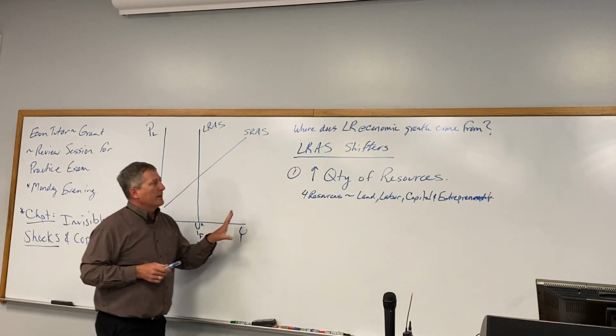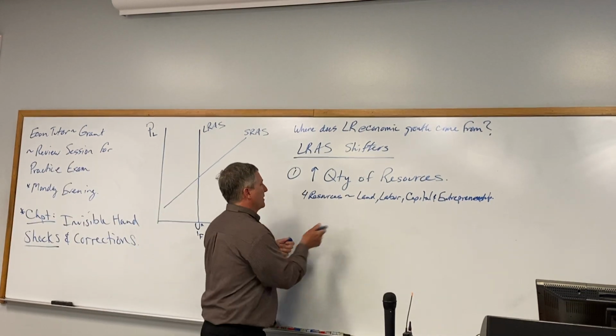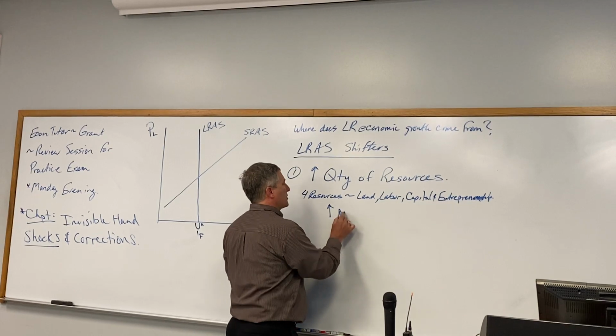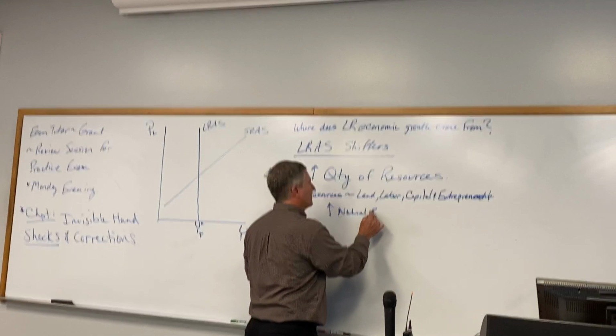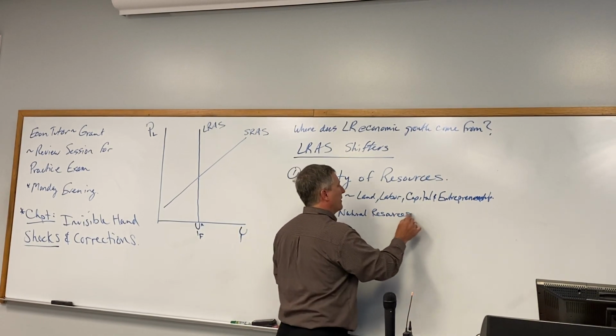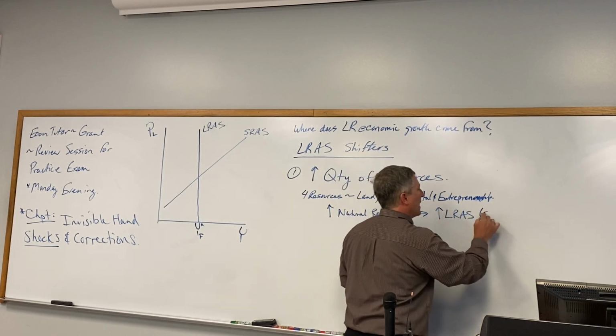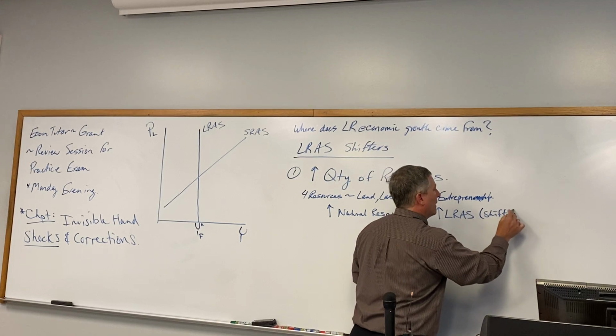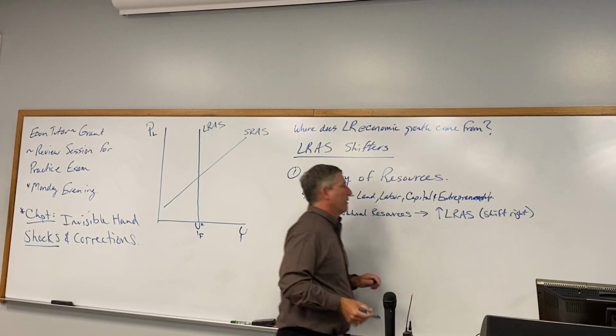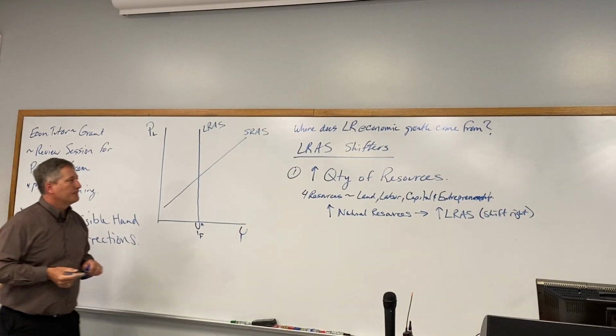So all of that would lead to a shift. So an increase in natural resources, I'll just leave this one general, would lead to a shift to the right of the long run aggregate supply curve.